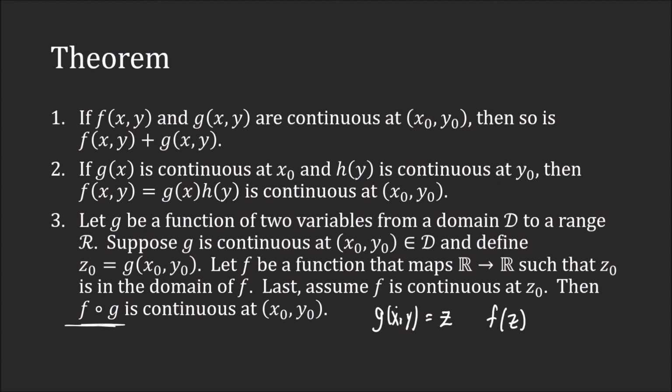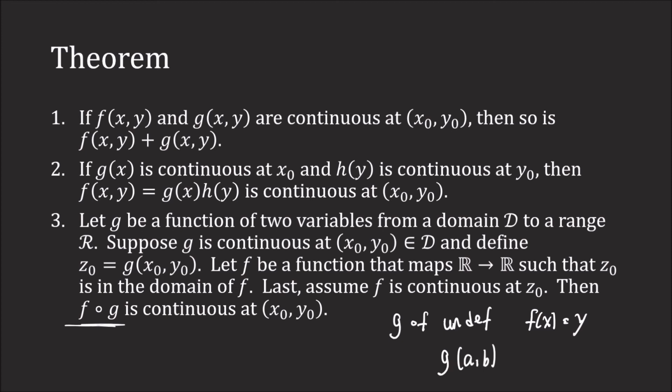Notice, however, that g of f would not make sense. This is not defined because f is a single variate function. This is going to give you a single value, call it y. Well, g is double variate, so you can't have g of a single value.